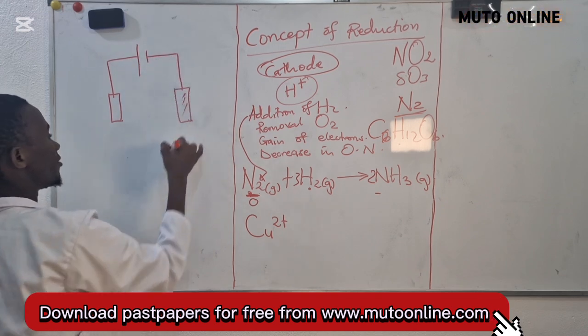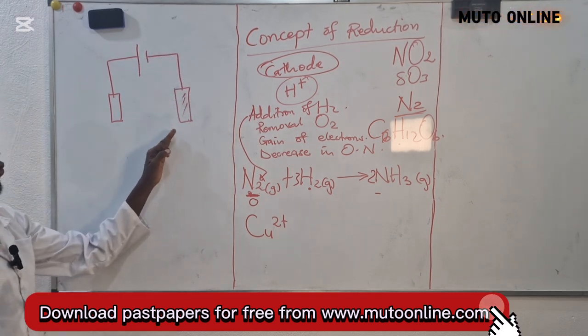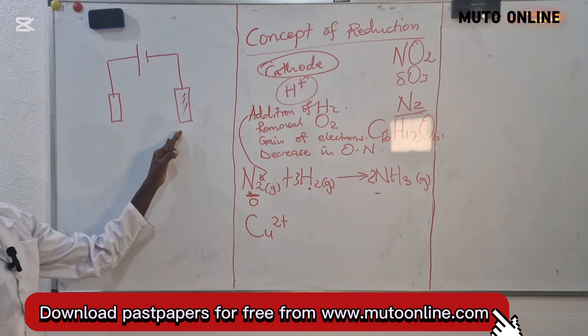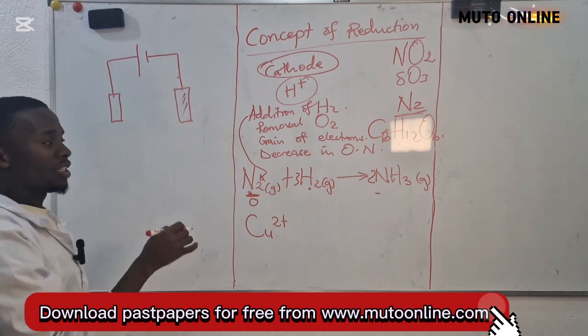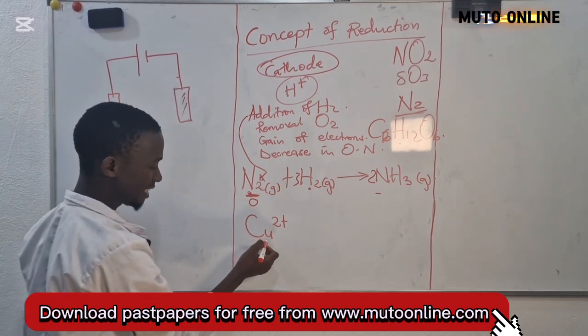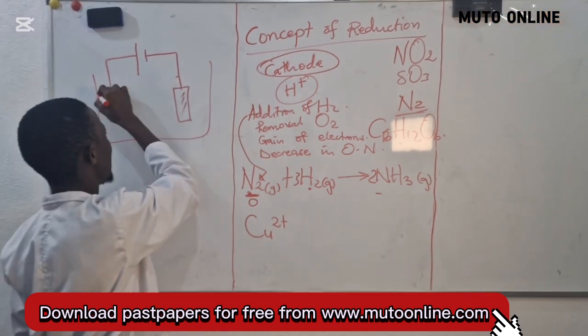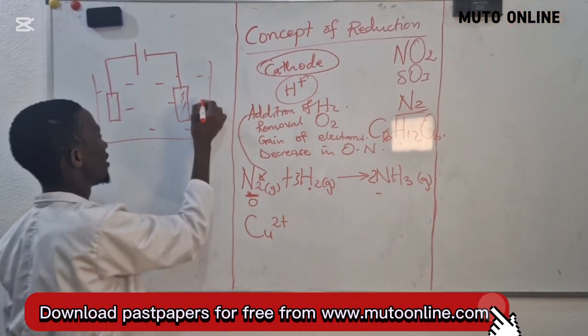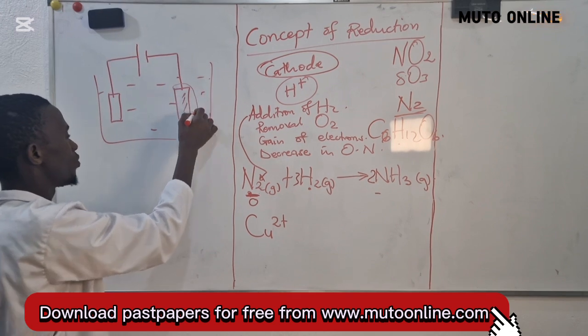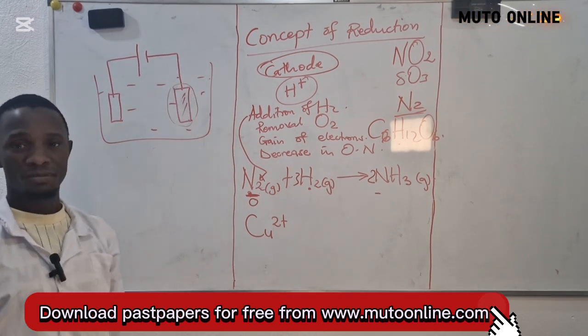So the one who wants to electroplate with a metal uses it as a cathode, such that as the ions in the electrolyte are discharged, they are deposited around the cathode.